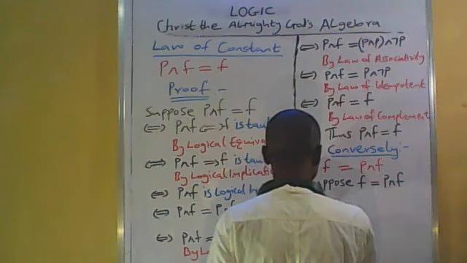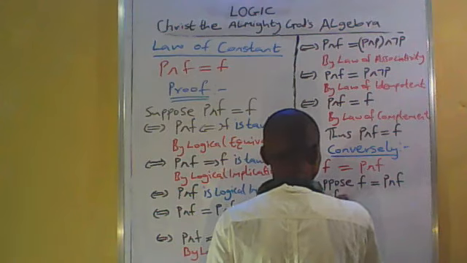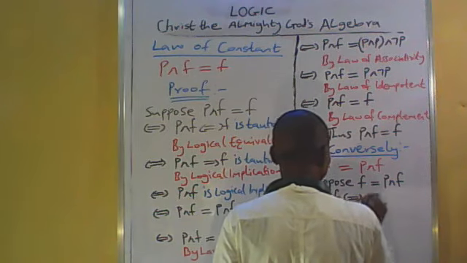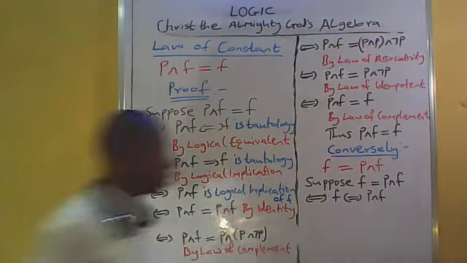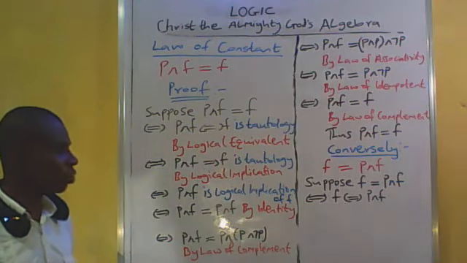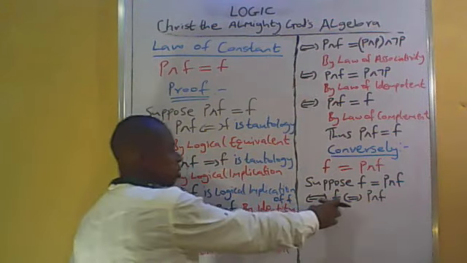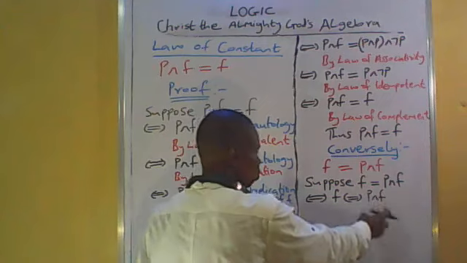If and only if p and f. We have now transformed it to a biconditional statement, in the sense that whenever the left side is true, the right side is also true.